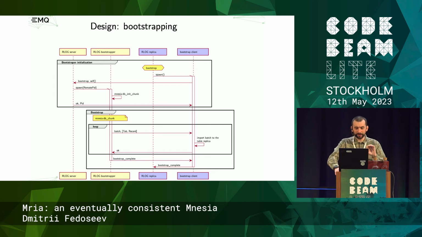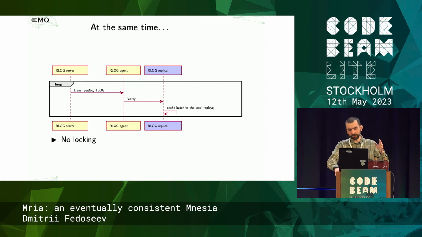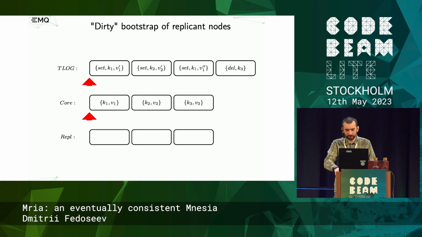Replicant nodes spawn a bootstrapper server process on the core node, and it goes through all the records, reading them using dirty operations, and forwarding them to the bootstrapper client running on the replicant, which then backfills this data into the local tables. Of course, at the same time, other transactions can modify the table, so obviously this produces a totally corrupted, unusable replica of the table at first.